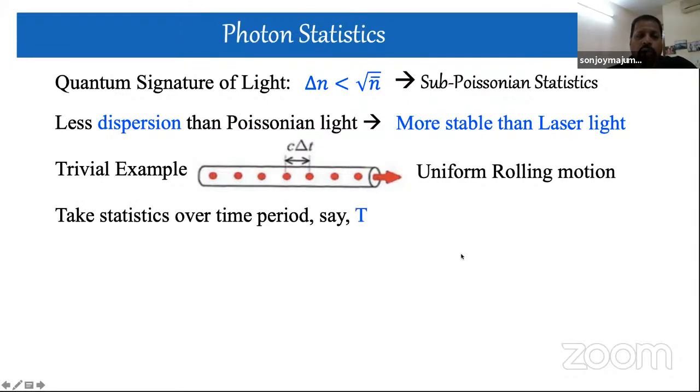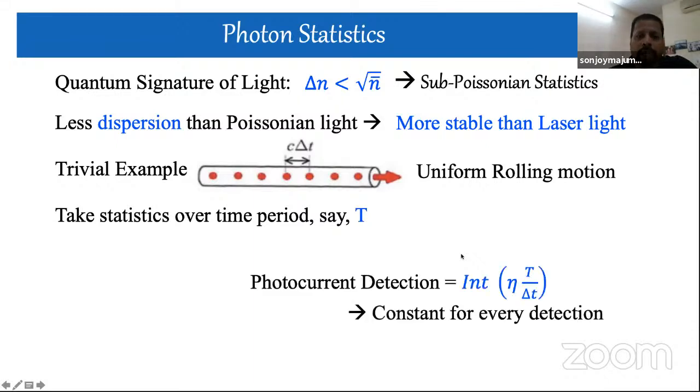If we want to see the statistics over a time period t, let's say you are counting in the detector over a time period t, and the photons are coming at an interval of delta t.